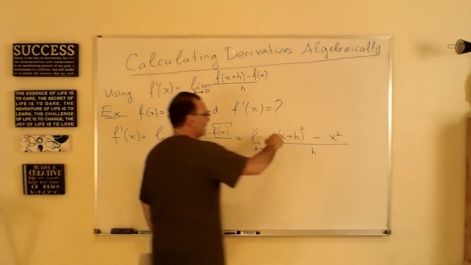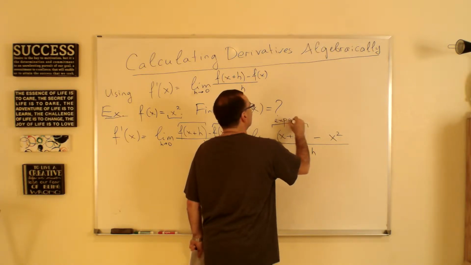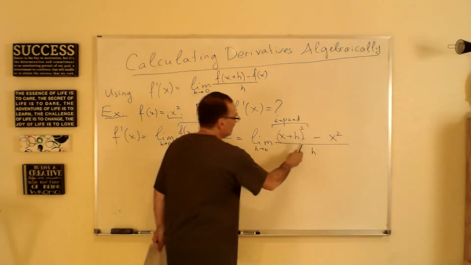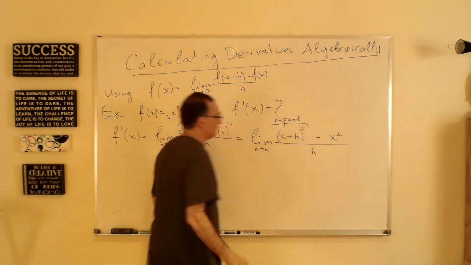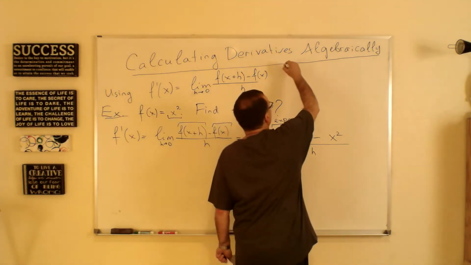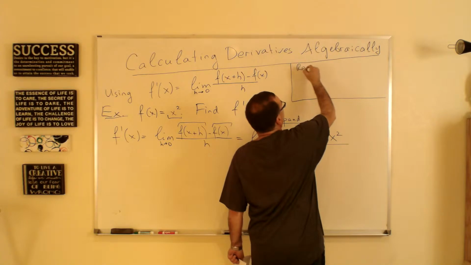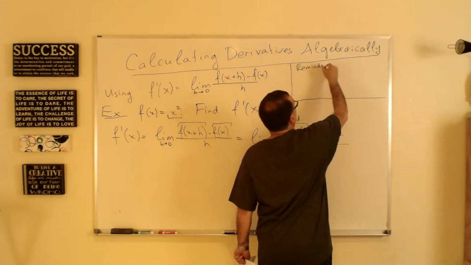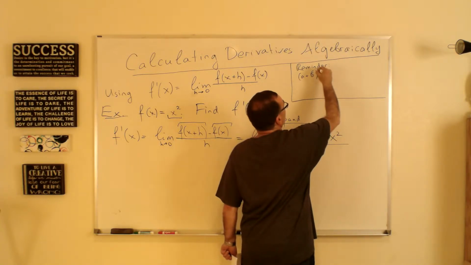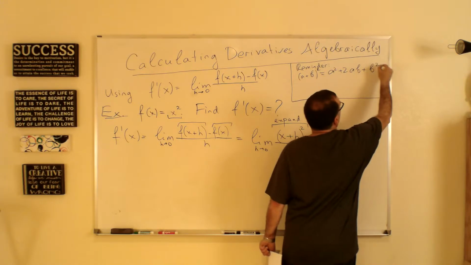Next step is to expand this x plus h squared using proper algebraic rules. Some students make a mistake saying that it must be x squared plus h squared. No, it's not that. So the proper formula from algebra, I will put it here as a reminder: a plus b in parentheses squared expands as a squared plus 2ab plus b squared.